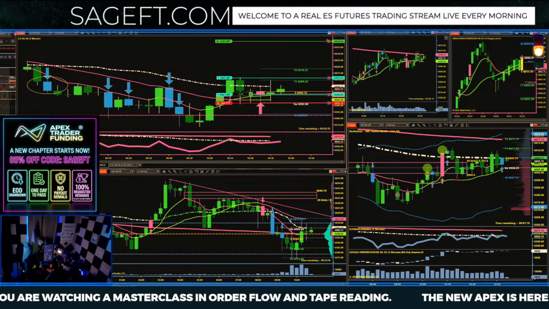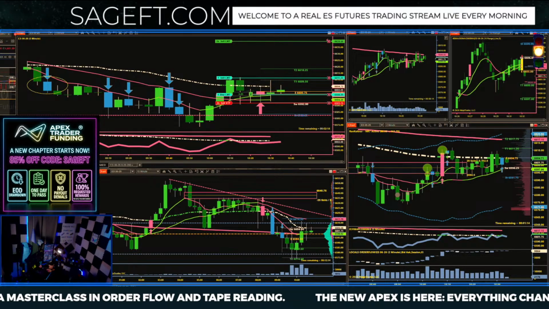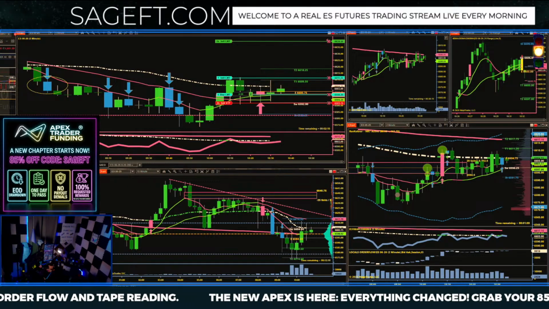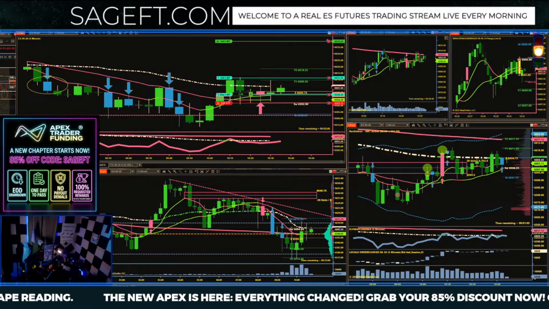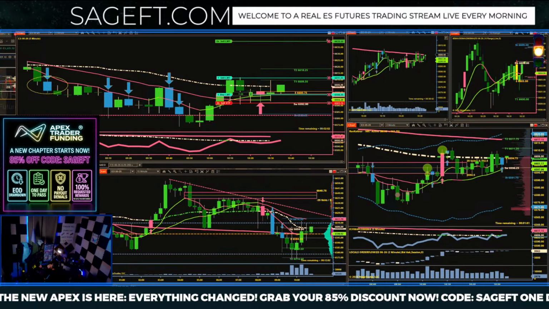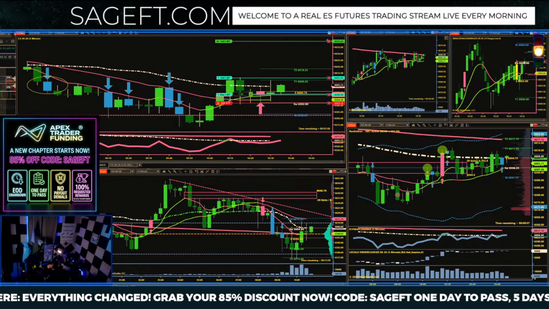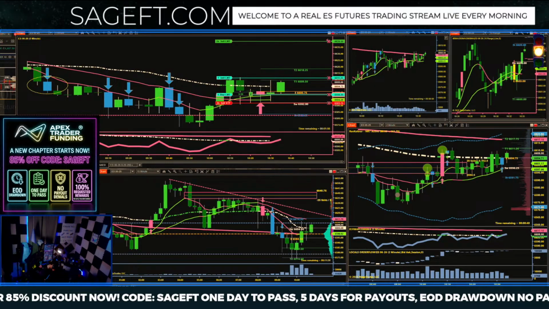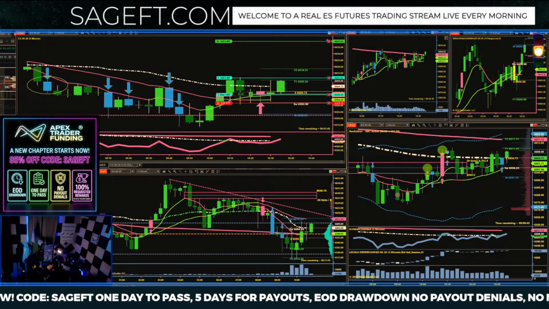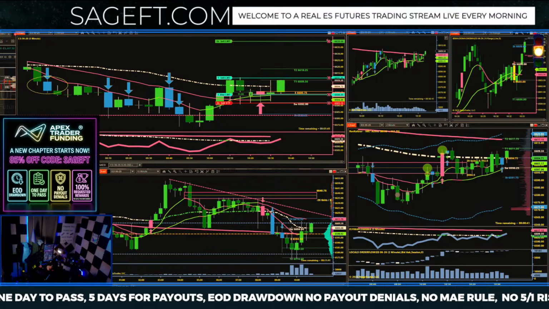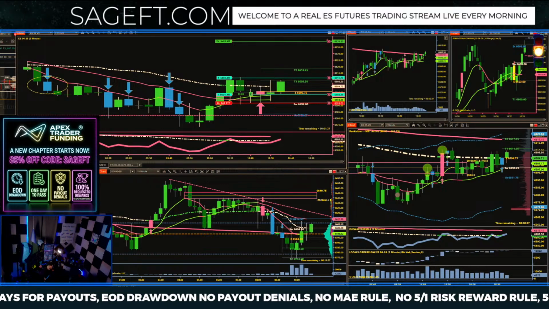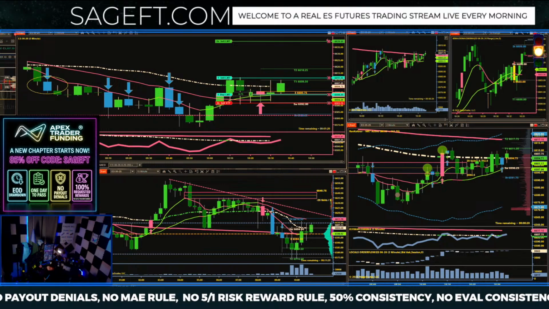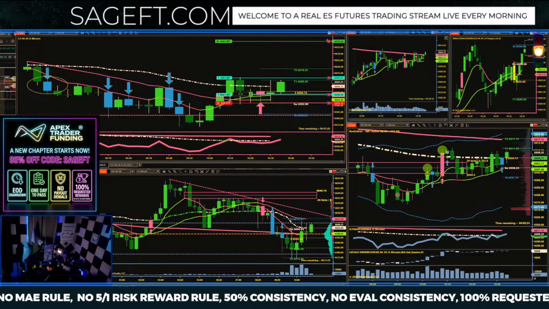Yellow bar, 10 range chart. $11.25. That means it'll pierce VAH.